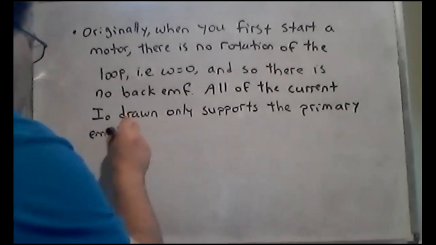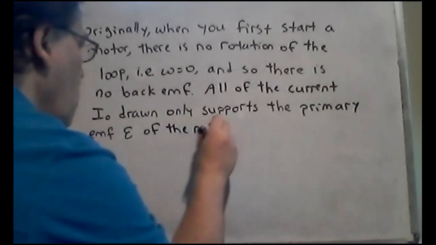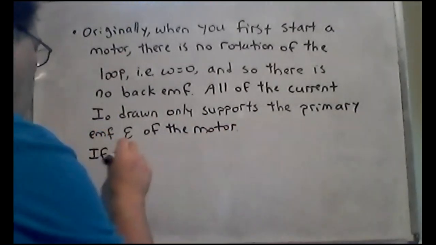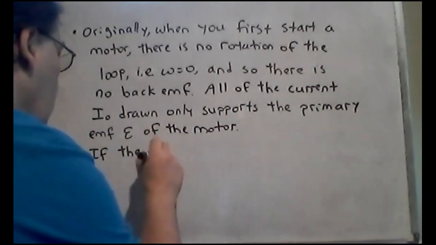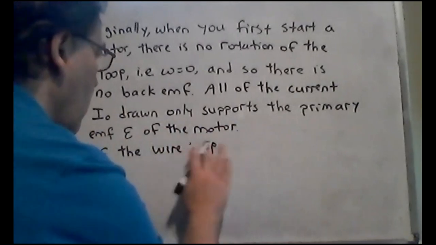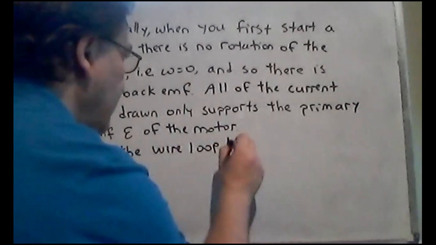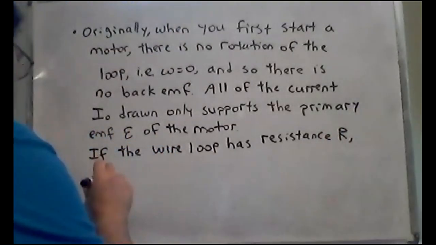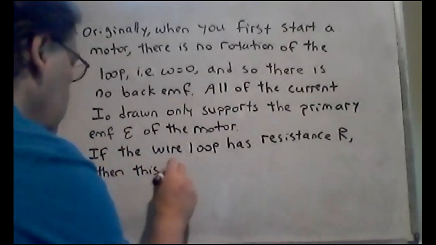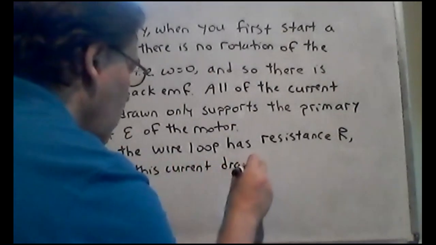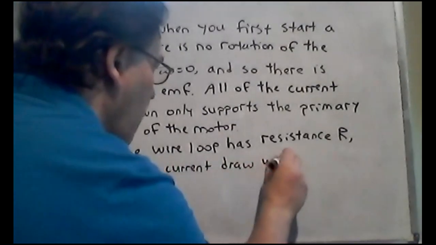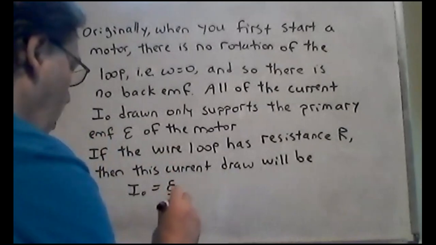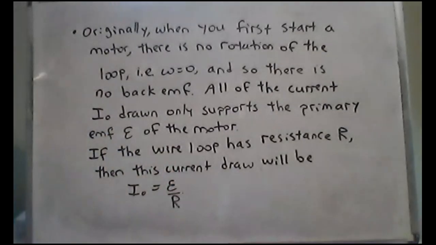So if the wire loop has resistance R, then this current draw I naught is epsilon over R. That is going to be a very large draw, usually.